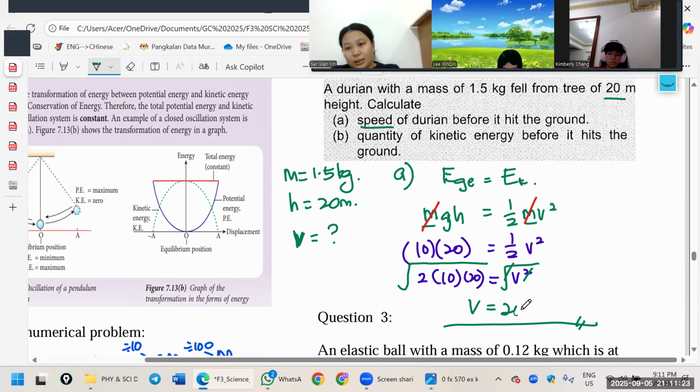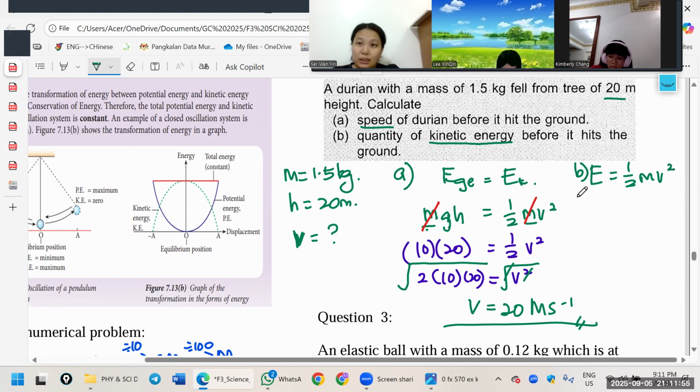Yes, 20. What is the unit? ms^-1. Yeah, meter per second. We say meter per second. Okay, then B. What is the quantity of kinetic energy before it hits the ground? We can use E equals to half mv squared, or we can use mgh.